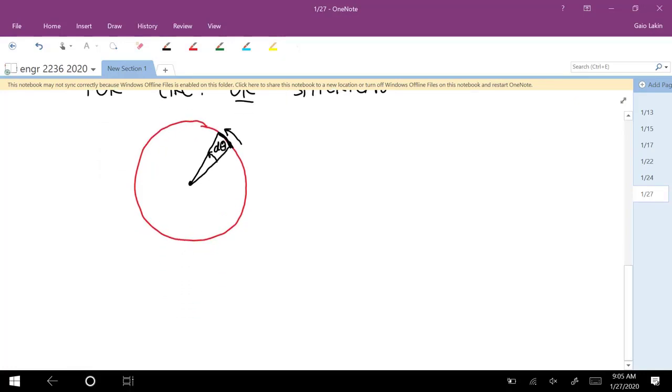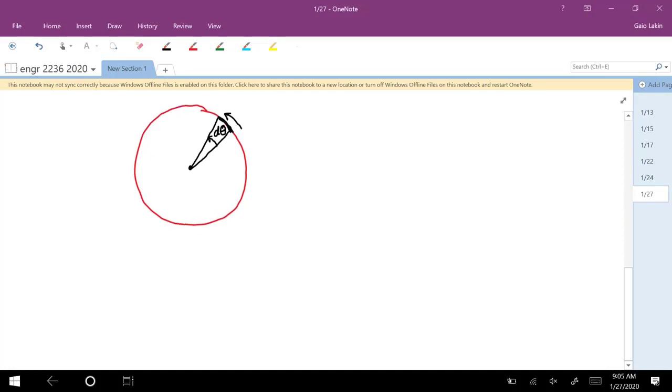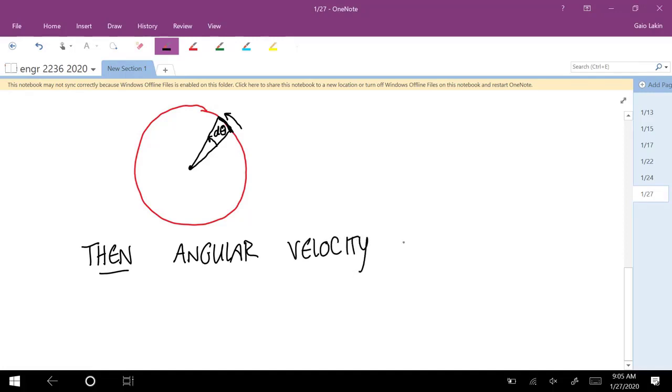Okay, so we can use this idea to define the angular velocity, which is going to be a big deal for circular and spherical motion. So then the angular velocity omega, lowercase omega. And notice this is a vector.